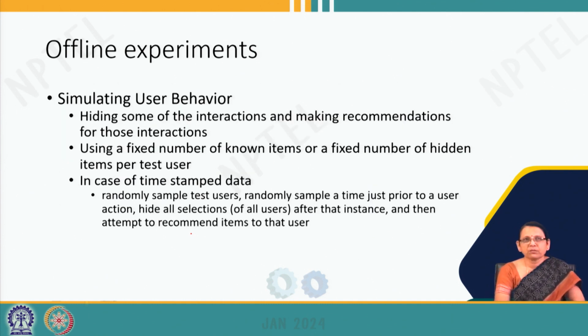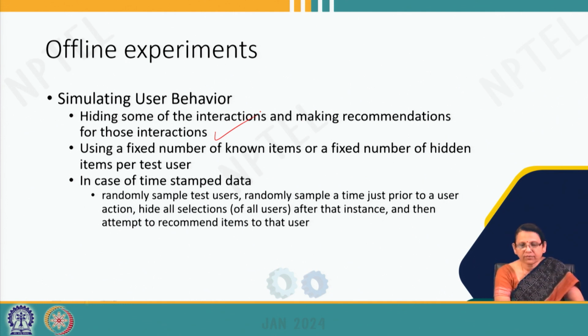There are issues with simulating user behavior as such. Hiding some of the interactions and making the recommendation for this interaction is the process in which you simulate. In this process, you can use a fixed number of known items and a fixed number of hidden items per test user. So, not only you have to hide rating, sometimes you have to hide the items as well.